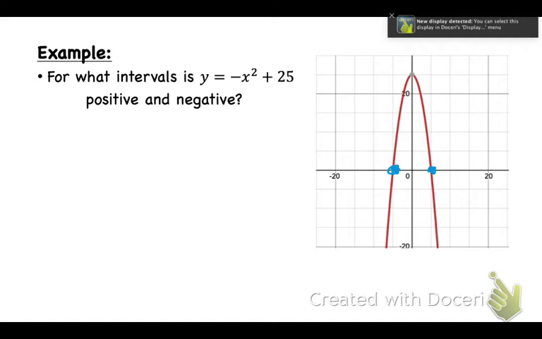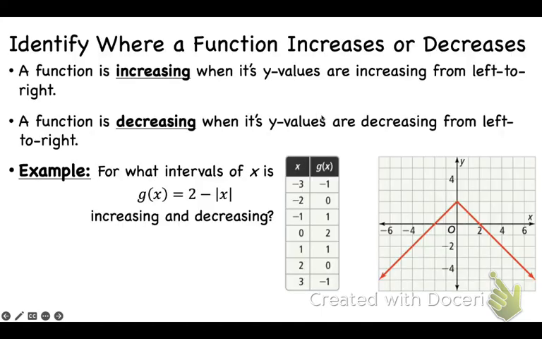But when we are doing increasing and decreasing, they change at maximums or minimums. See that?